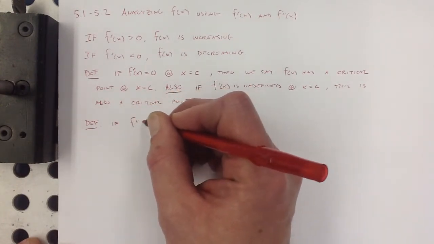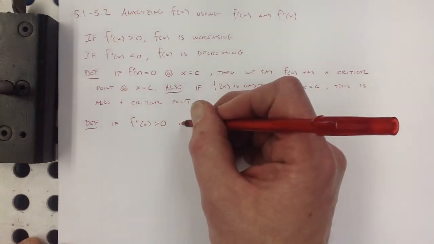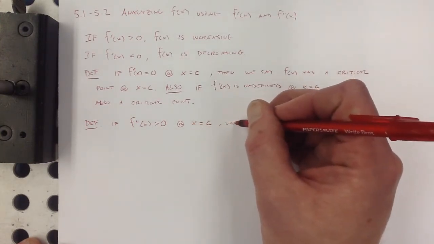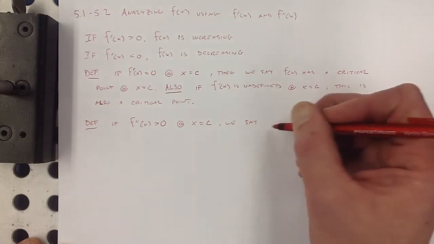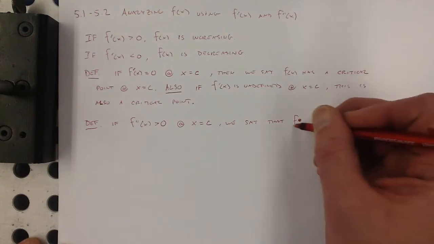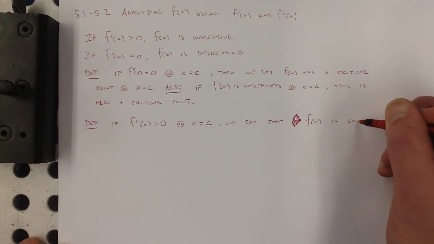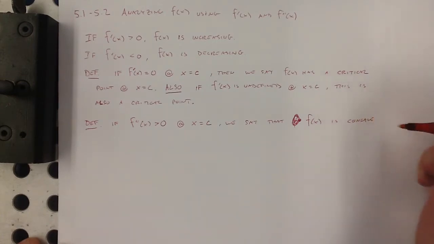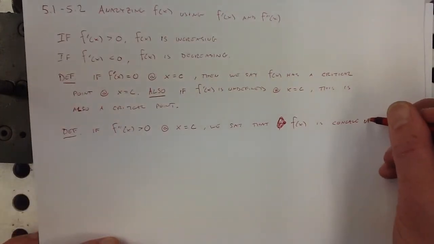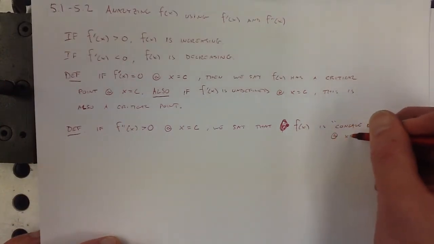If the second derivative of a function is positive somewhere for the function, we say that the original function is concave up at that location.